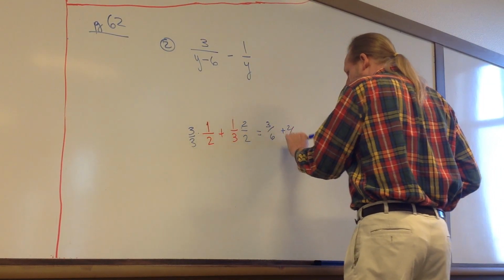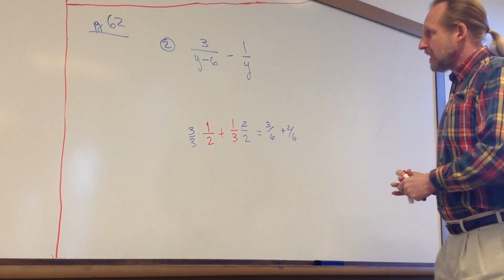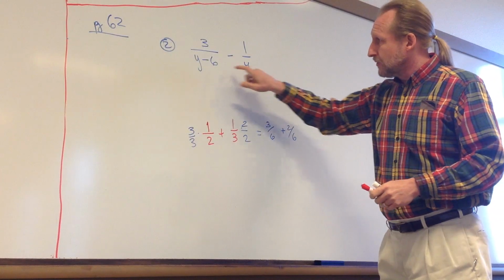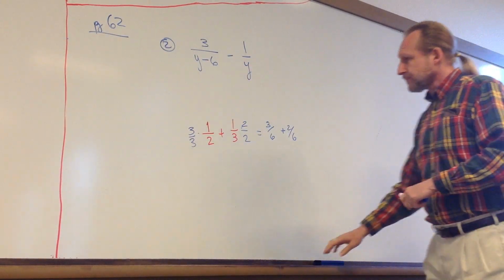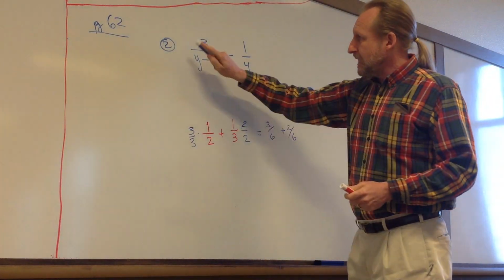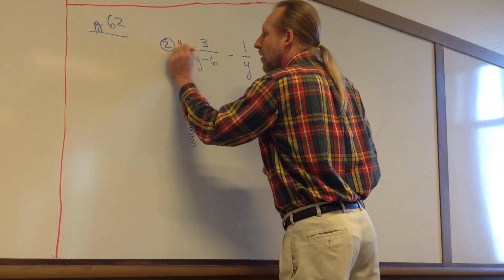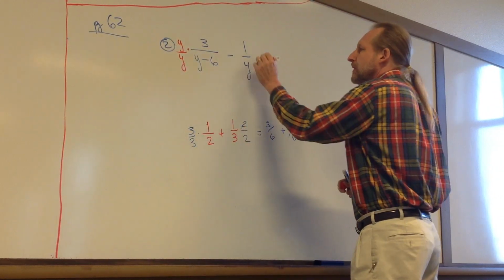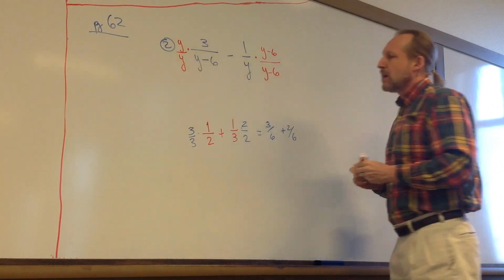Okay? So we're going to do the same thing here. We're going to create a common denominator that is the product of these two things multiplied together, y times y minus 6. So over here, we're going to need to multiply by y over y. Over here, we multiply by y minus 6 over y minus 6.